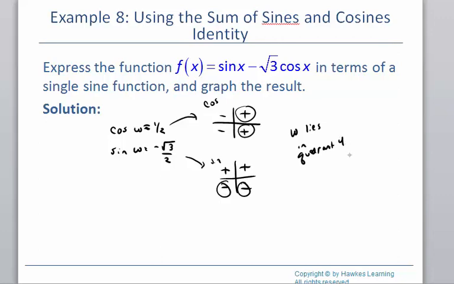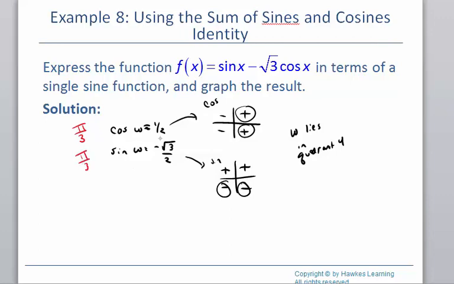Okay, so once that's decided, then we need to figure out what the angle actually is. And so we know that cosine is equal to 1/2 at pi over 3. And sine is equal to square root of 3 over 2. I'm ignoring the negative for just a second. Also at pi over 3.